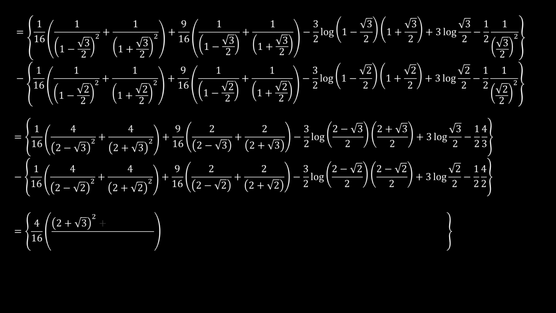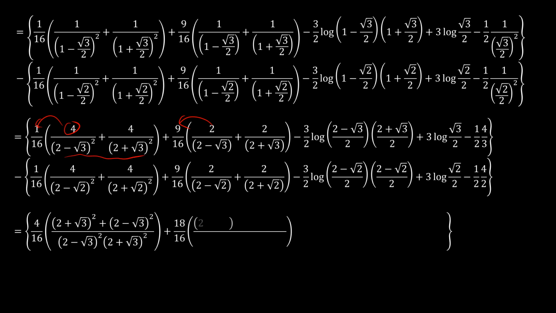So pulling the 4 out, and then also pulling the 2 out, we get 4 over 16, and since the common denominator becomes the product of this, we're summing these 2 together, and then since 9 times 2 is 18, we do the same thing, and also for the lower limit as well, right?